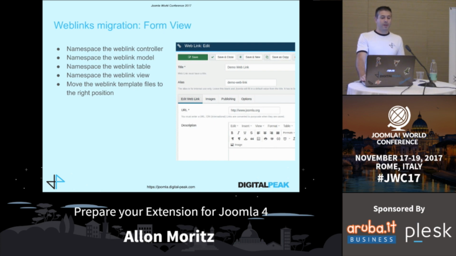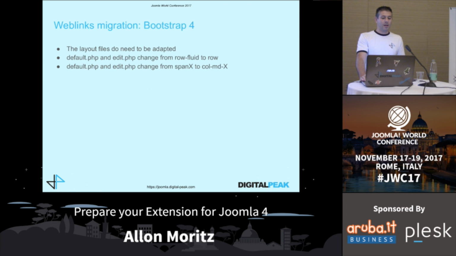We did the form view already. There is another thing: in the new Joomla backend template we are actually using Bootstrap 4. As you have seen, the layout files display, but not 100% correct. So mainly, if you're using the standard Joomla layouts for the backend, what you have to do is replace row-fluid with row and span5 with col-md-5 or whatever.